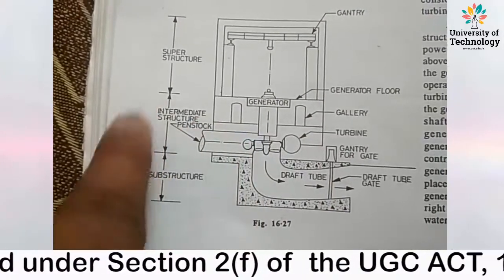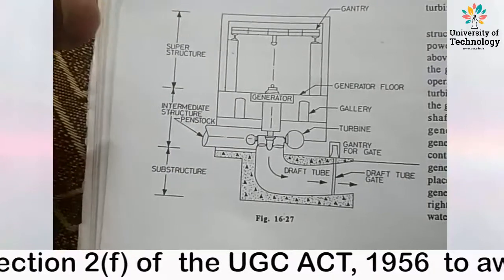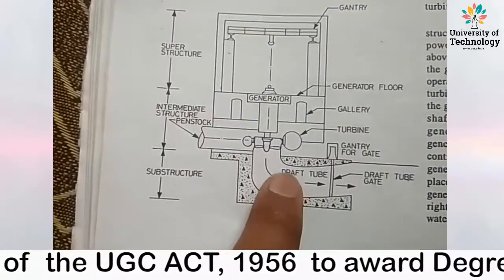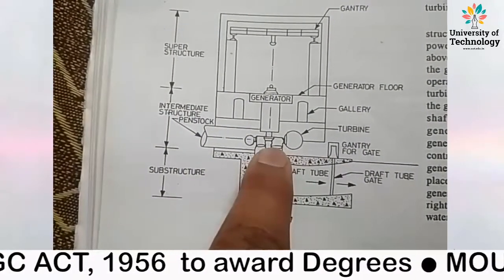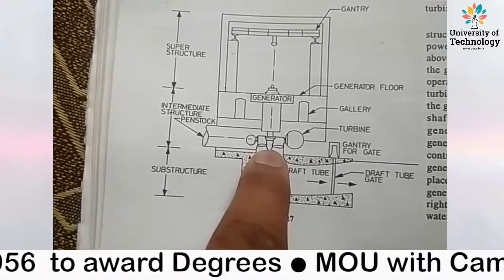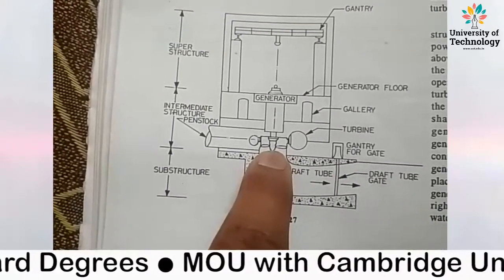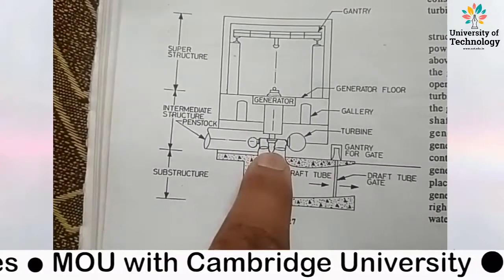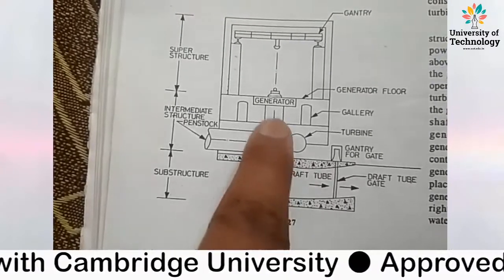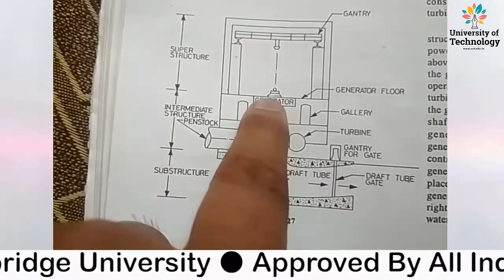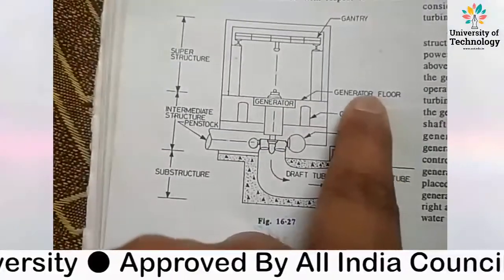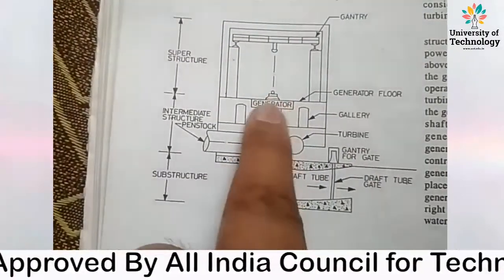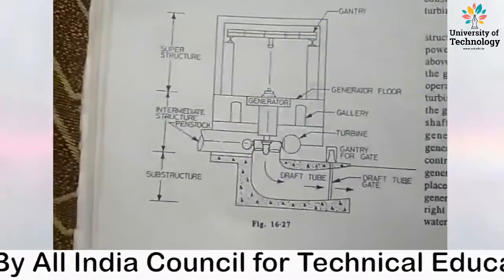These parts lie in the intermediate structure, which extends from the top of the draft tube to the generator floor, from which the generator may be operated.